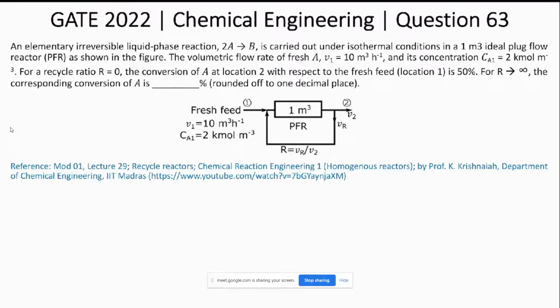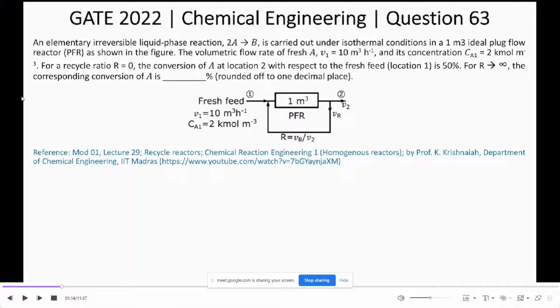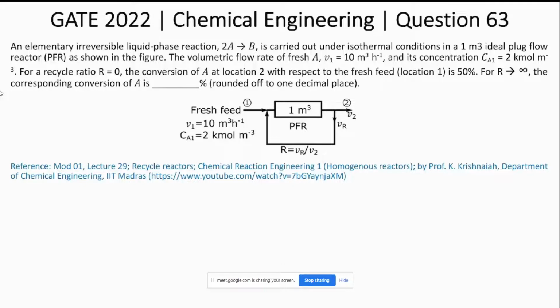The concepts we need to use here are as follows. First, we need to know the design equations for ideal reactors, here a PFR, and the other concept is with regards to the recycle reactor. One peculiar thing we learned about a recycle reactor is that when the recycle ratio is 0, it basically acts like an ideal PFR with no recycle, so the design equation for an ideal PFR is applicable there.